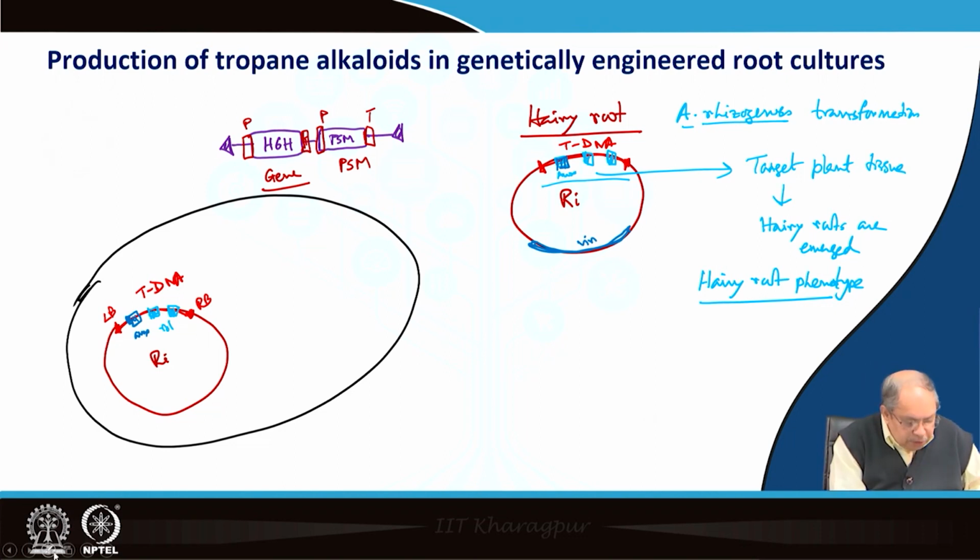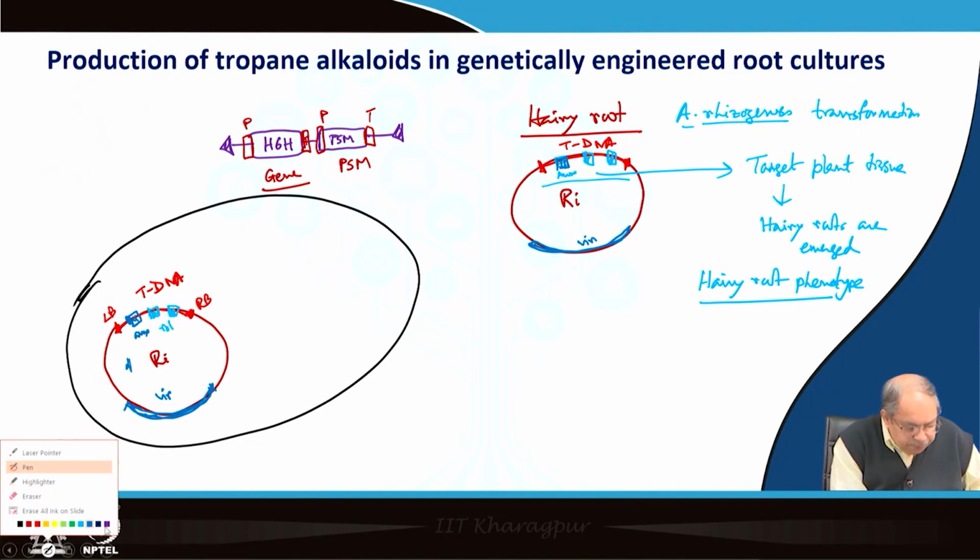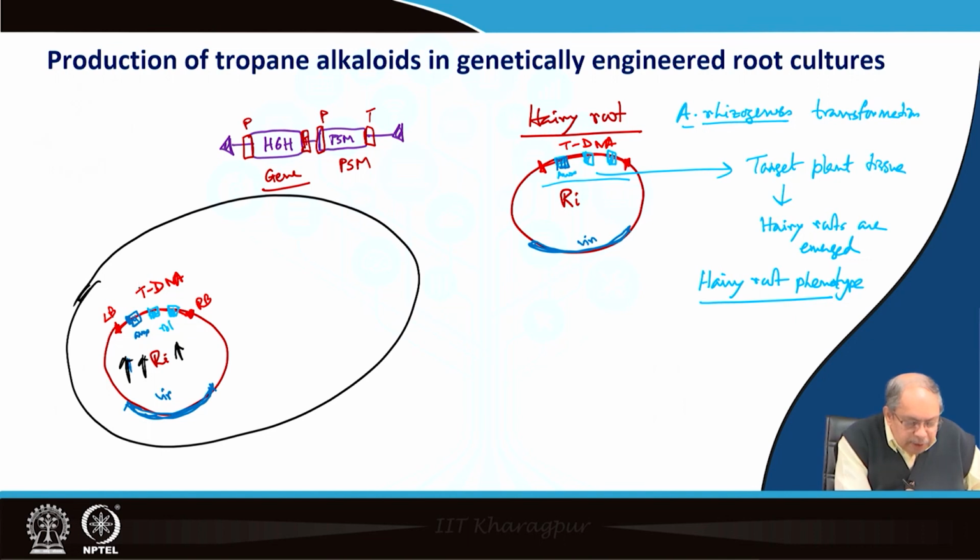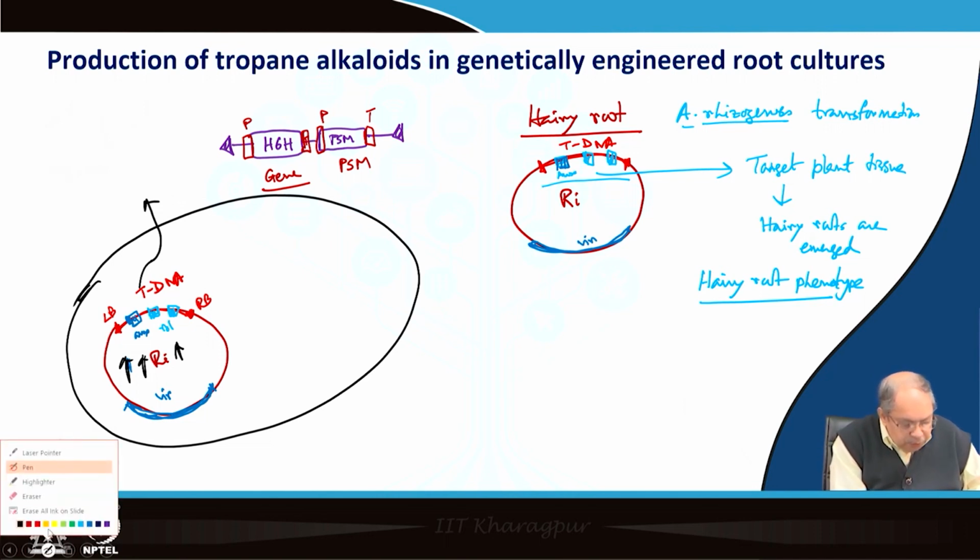In addition to that, it also contains the virulence genes. This virulence region is present outside the tDNA, and it will allow the tDNA to go out. Now, in addition to this, here we are putting the synthetic plasmid.